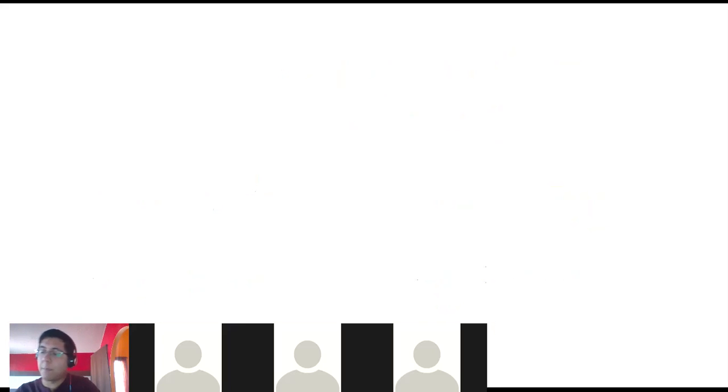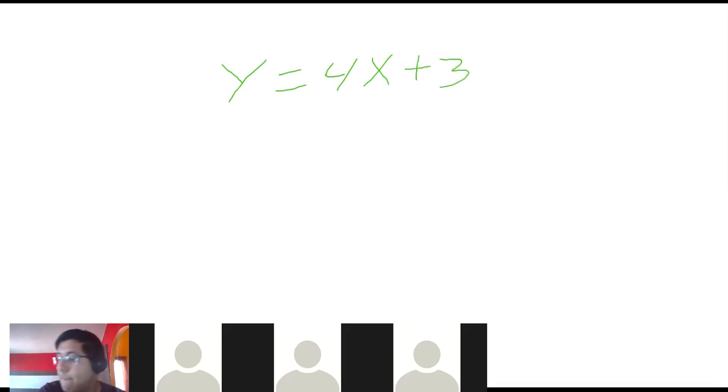So as an example, let's say we had the line y equals 4x plus 3. Now we want a perpendicular line that passes through the point (3, 2). Okay?